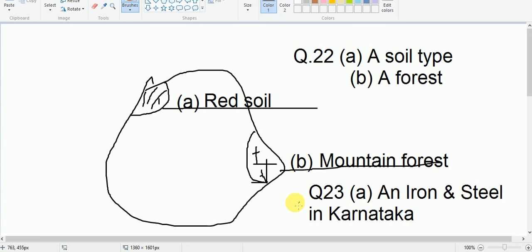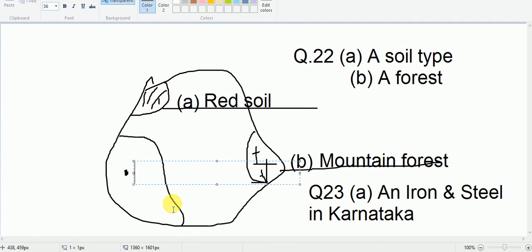Let us say this is the state of Karnataka, and here you have to locate this iron and steel plant in Karnataka. Let us say this is the location. You have to use an appropriate symbol. You may put a star here, and after putting a star or a symbol, then you have to write the question number here. Do not forget to write the question number. You may not put a symbol, but you have to write the question number at that place.